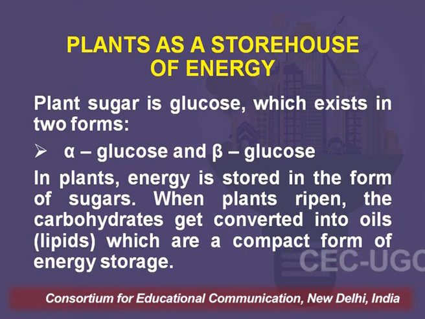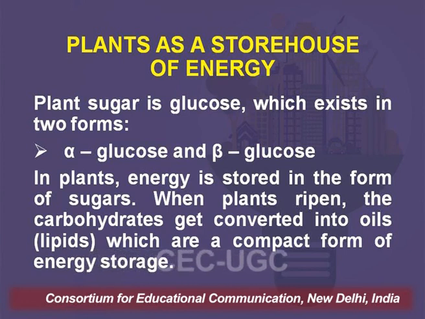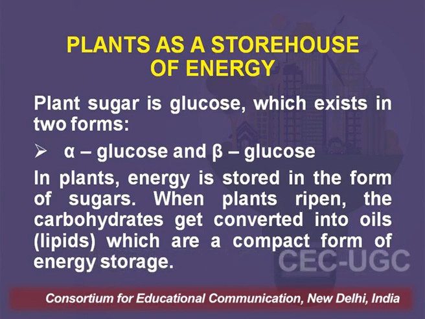Plant sugar is glucose, which exists in two forms, alpha glucose and beta glucose. In plants, energy is stored in the form of sugars. When plants ripen, the carbohydrates get converted into oils or lipids, which are a compact form of energy storage.